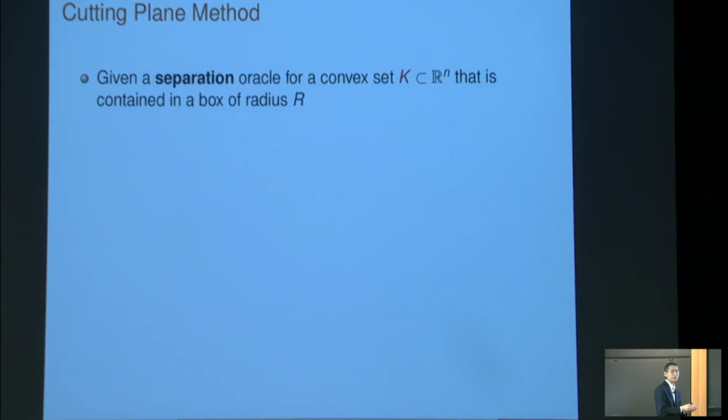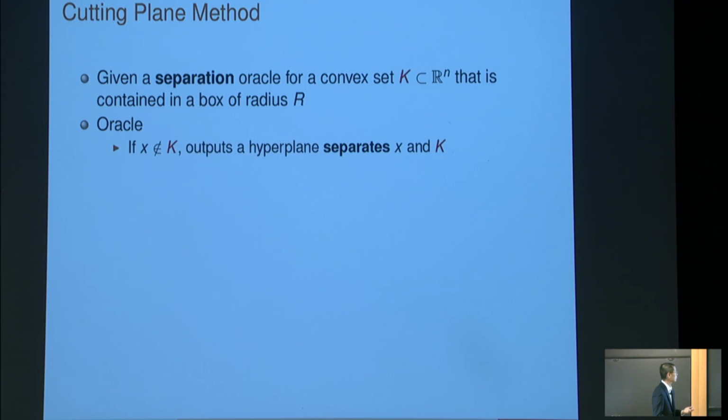Now I will give you a definition of the cutting plane method. I give you an oracle, as I promised in the previous slides, and a convex set, as Avi described. The convex set K has to be contained in a box of radius R. My oracle has the following property. I can load a vector into this oracle.